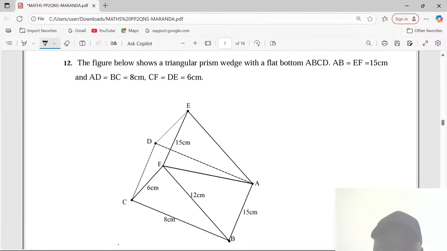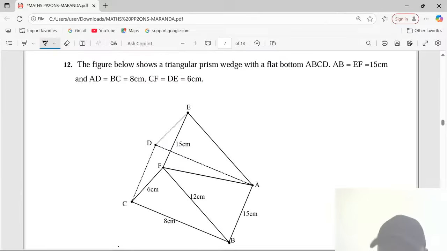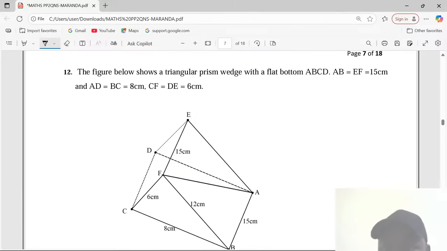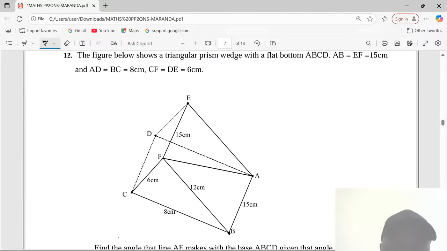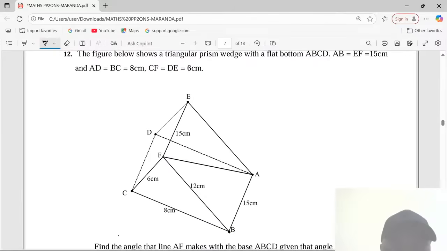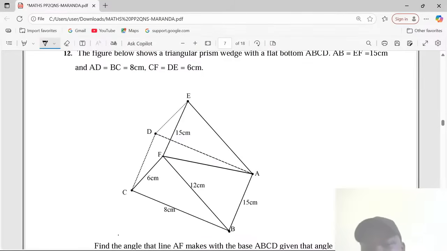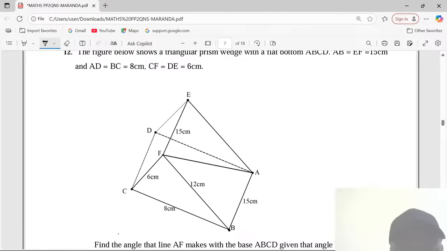AB is equivalent to EF. AB and EF are equal to 15. We should also know that CD is equal to 15. Then AD, you can see AD, the hidden edge. AD together with BC are equal to 8 centimeters.